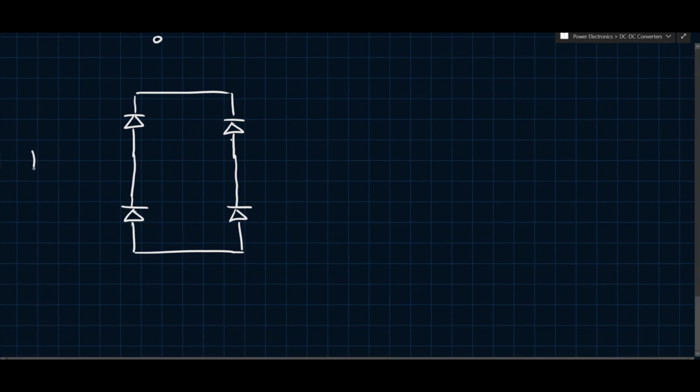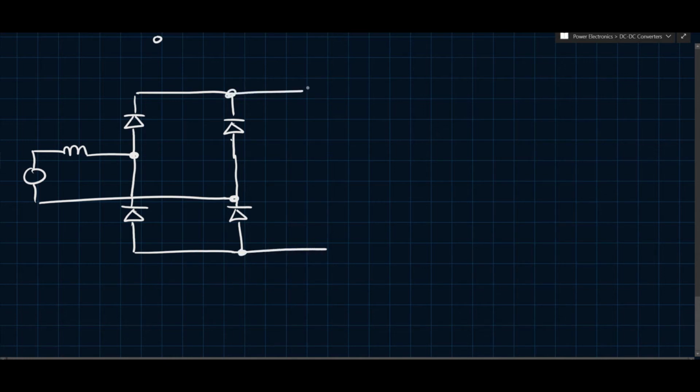So if you have a commutation inductance, you have a source voltage, obviously. The commutation inductance goes here, that connects there, that connects there. And then the output, again, we're going to model this as a current source, because I don't really care what the load network is. I just care that I have some constant current there.